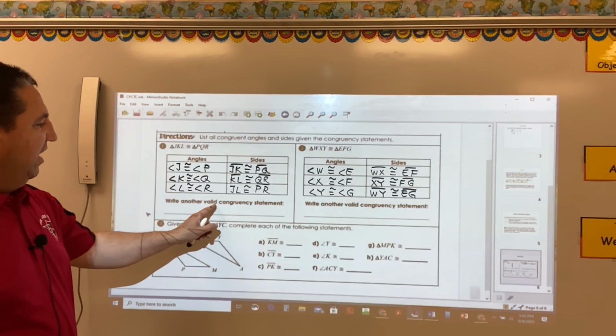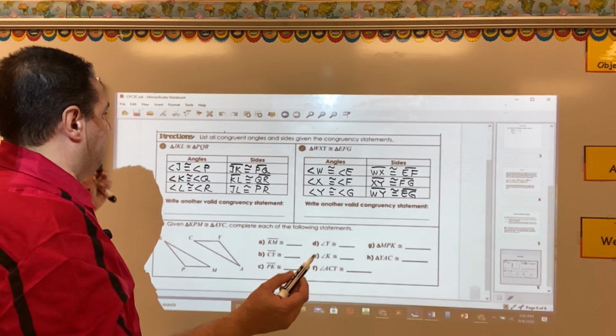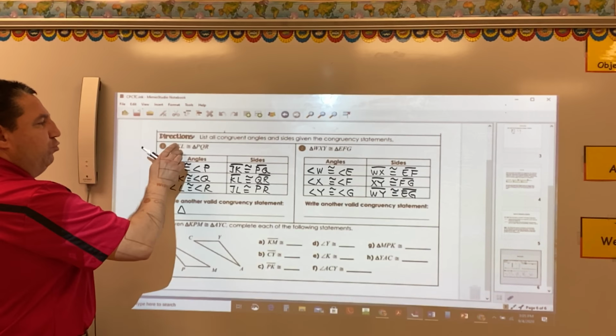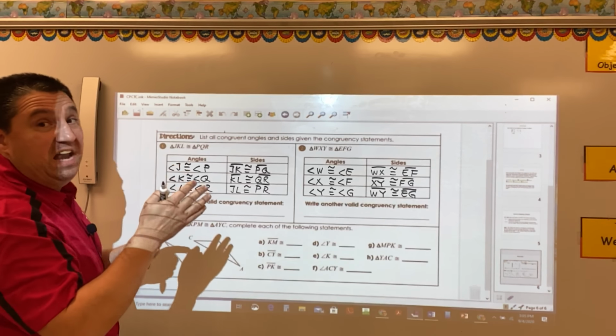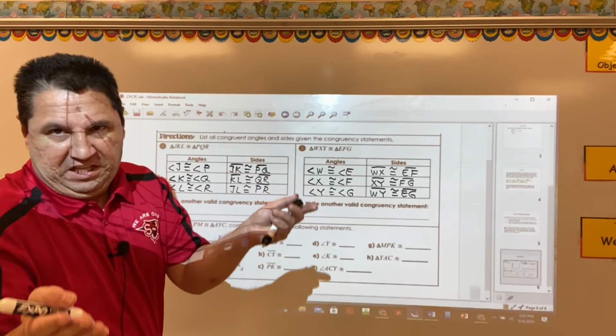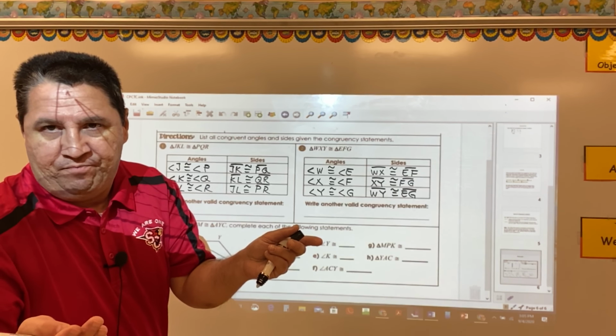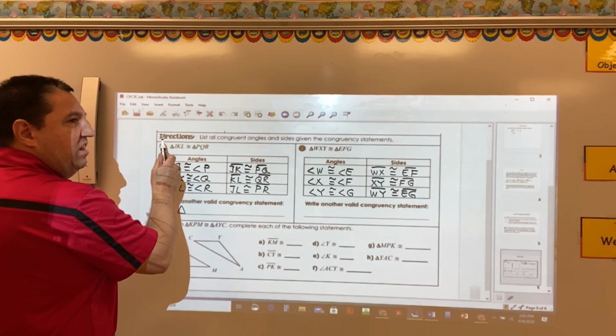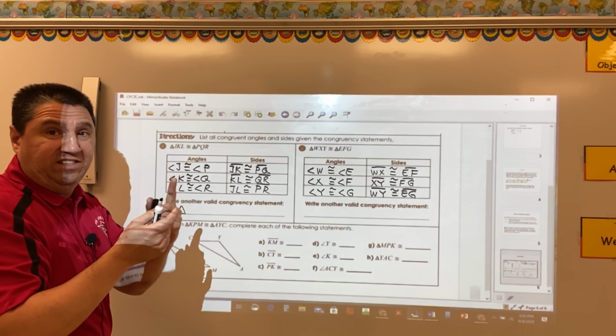So, write another congruency statement. It is very simple. We have to come up with a different name, but for the same triangle. For example, we can play with these letters, change their places.